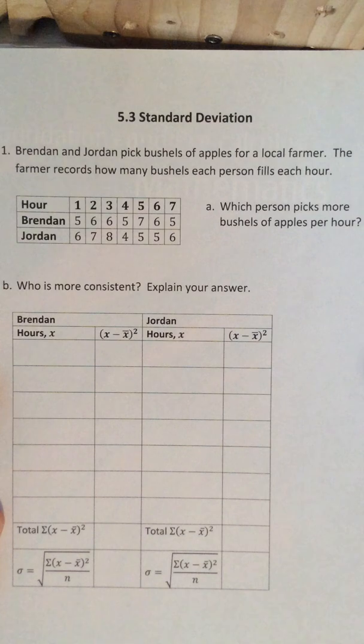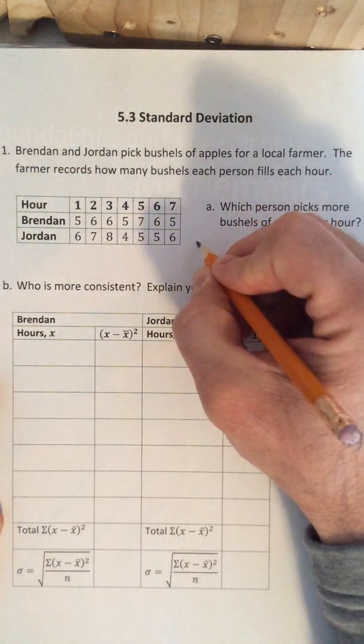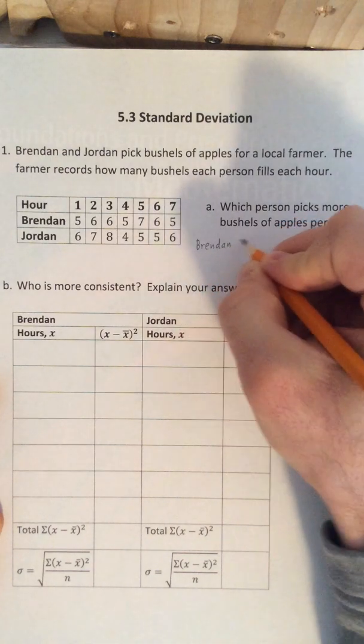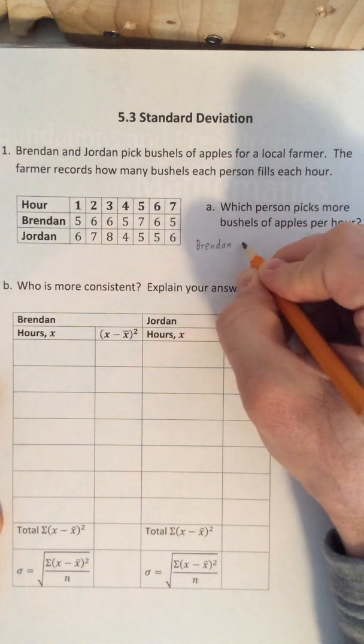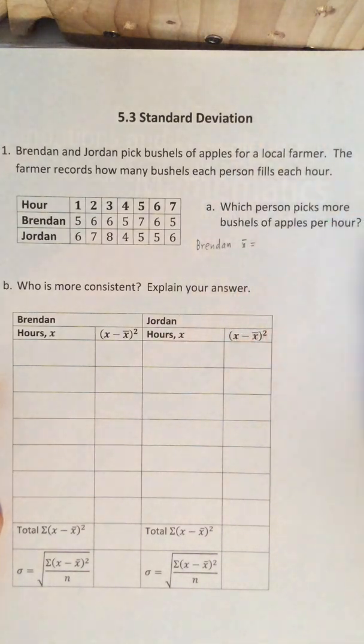For this, we go back to what we learned in a previous lesson with mean, median, mode. We'll look at the actual mean for each of them, so the average that each of them picks. If we start with Brendan, we're going to look at the average number of bushels he picks. If you remember, this is represented with x with a bar over the top.